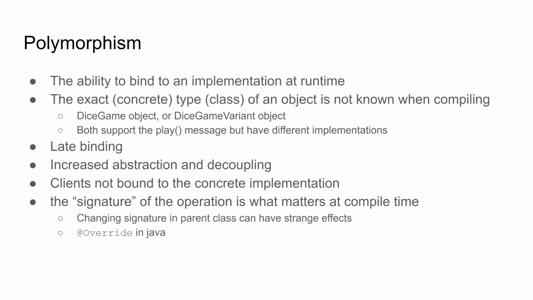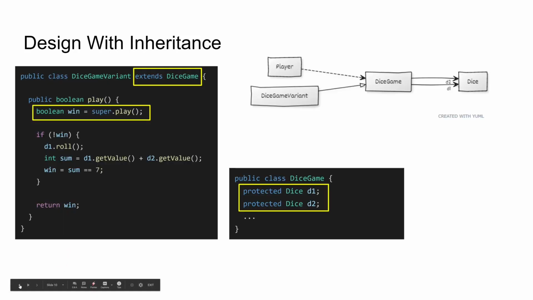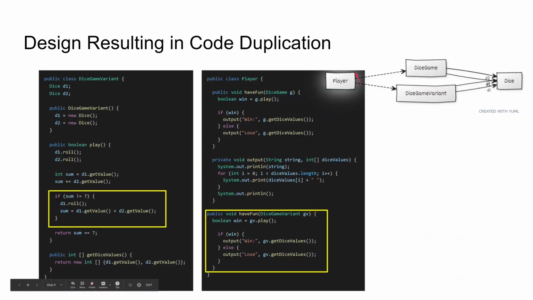And we saw this also in the two variants of the class diagram. Looking at the player class, it's dependent on dice game in this design. It does not know anything else. In the previous design, the player class is dependent on both the dice game and the dice game variant. It knows about both of these classes.